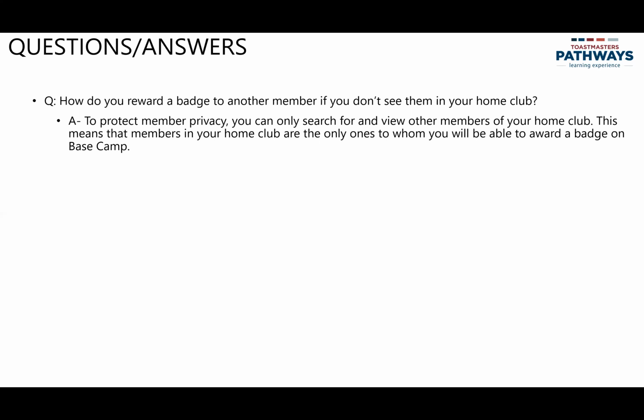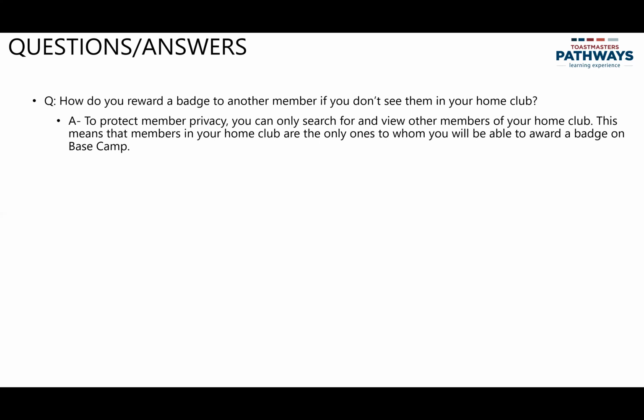In Pathways, if you log into ABC Toastmasters, that is your home club because you are electronically present there. If you log into a club ABC 123, that is where you are electronically present, which means that is your home club.